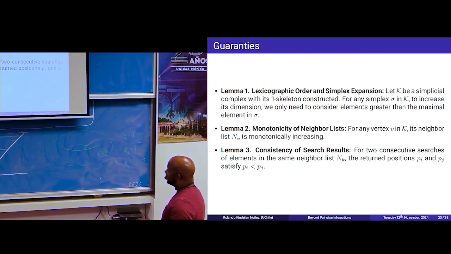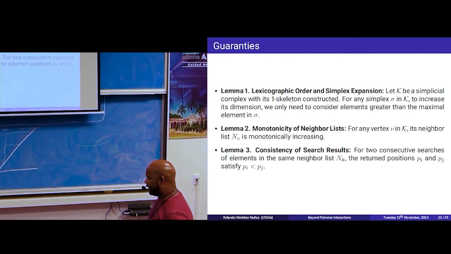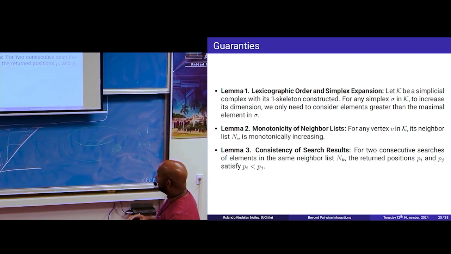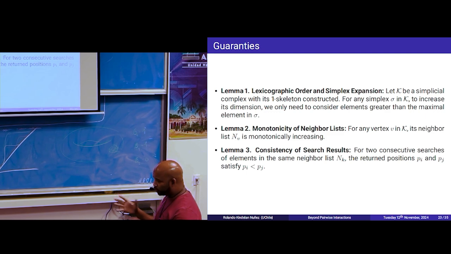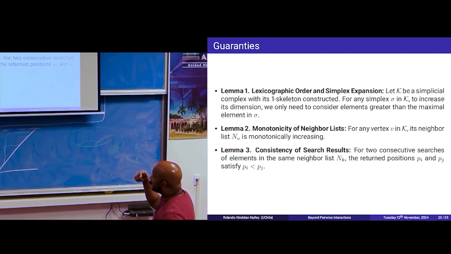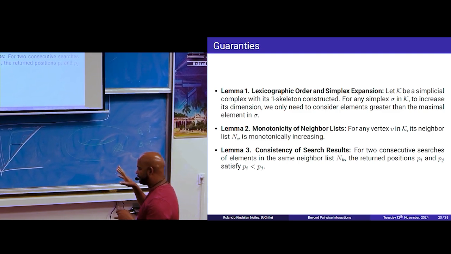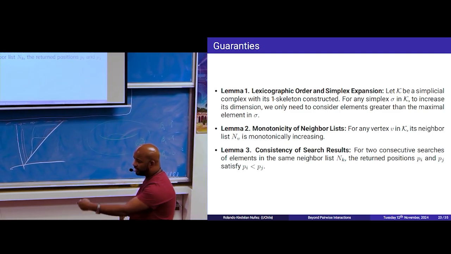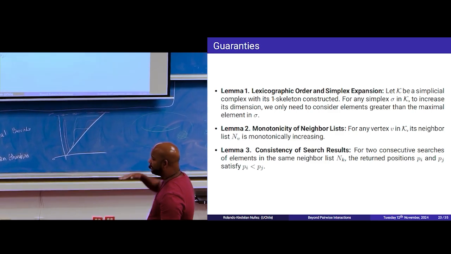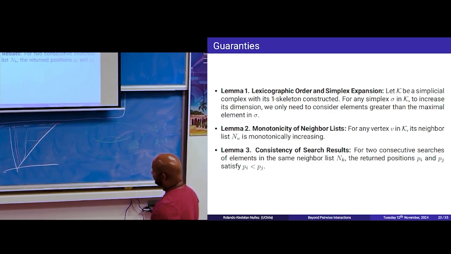So we will see that applying this algorithm, we get these 3 guarantees that are easy to see and easy to evaluate, but are important for the other optimizations that we will do for the high dimensional part, which is the more complex part.